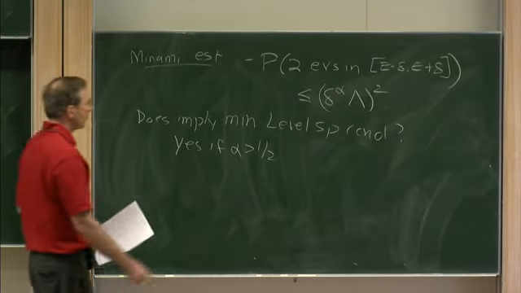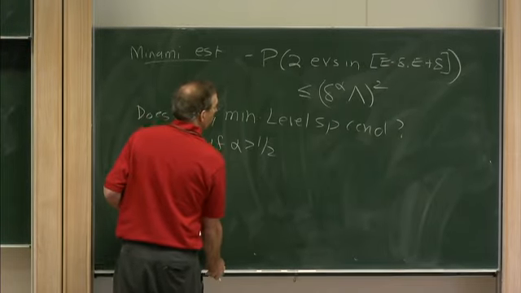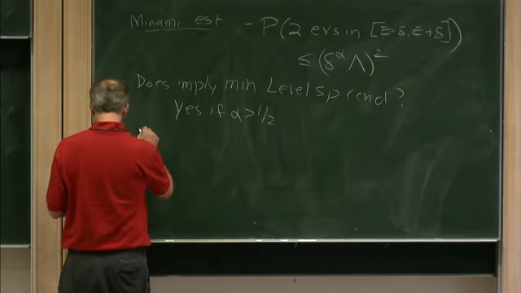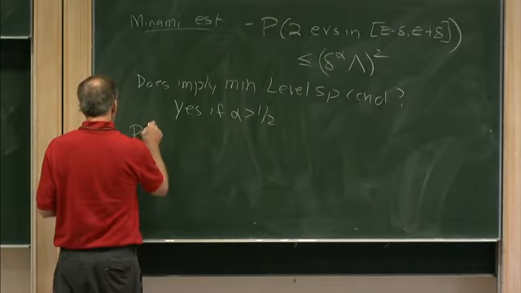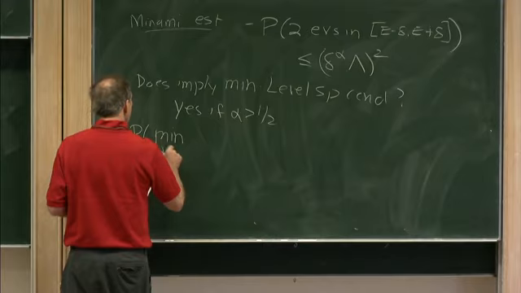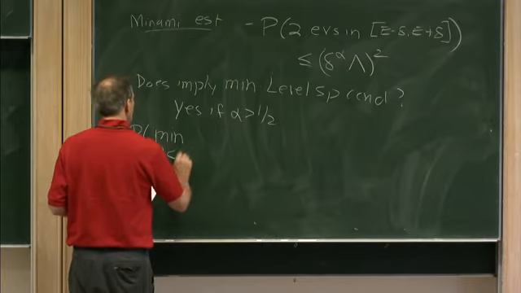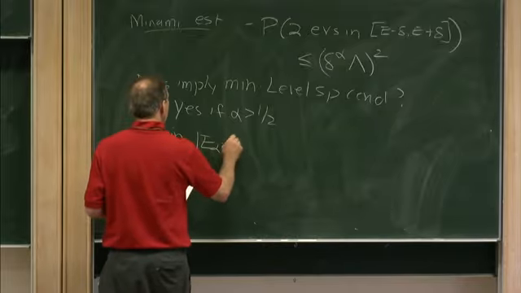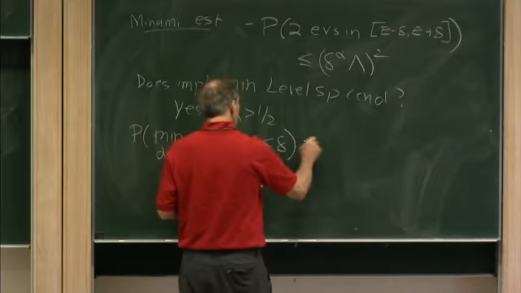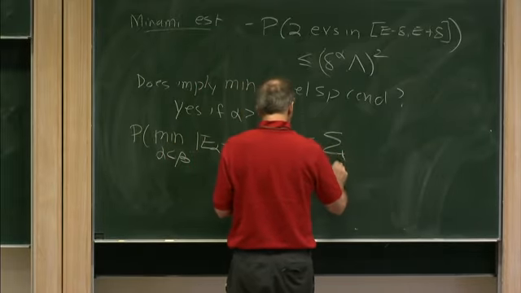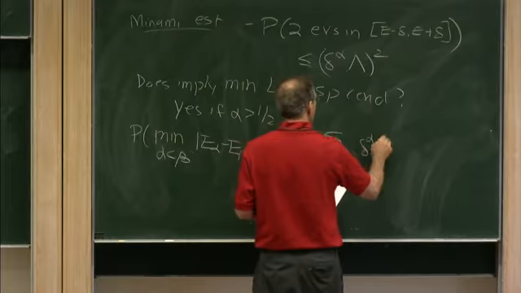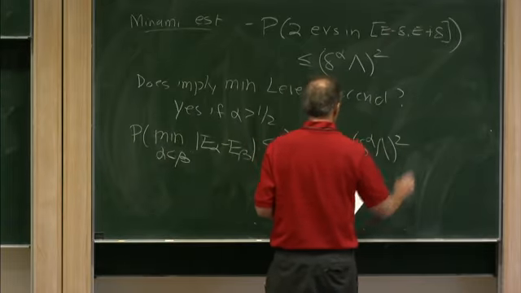And I guess this was basically the content of the idea behind Germanet-Klein, which was that if you want to control the probability that the min of E alpha minus E beta is less than delta, what you can do is make a sum over energies of this bound, delta to the alpha lambda squared.